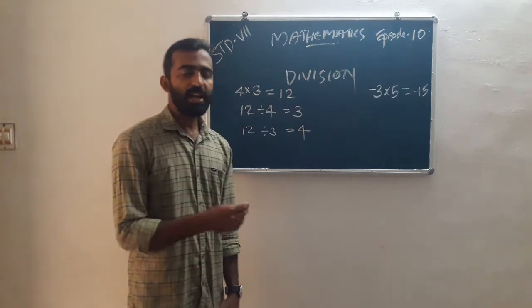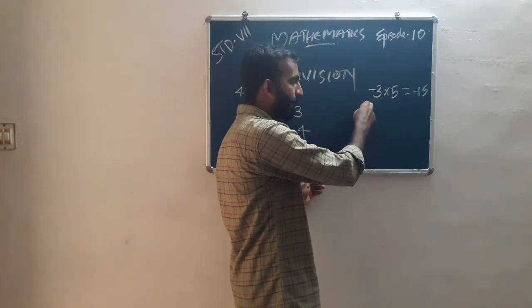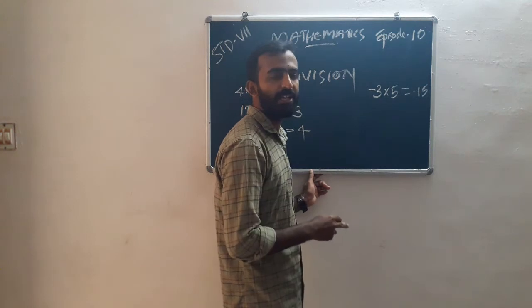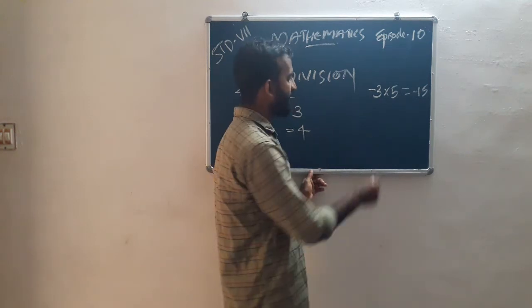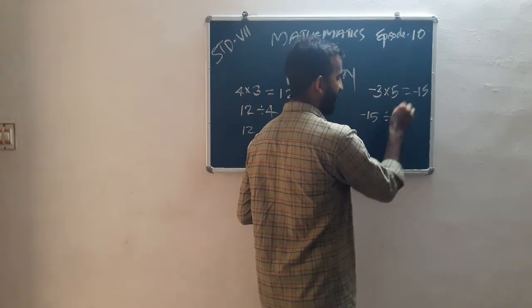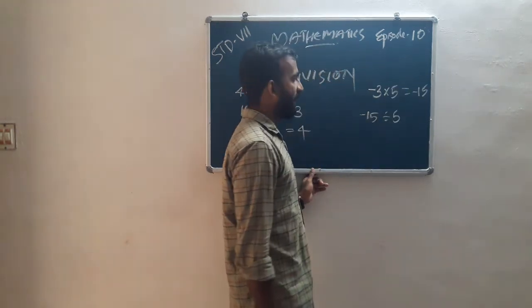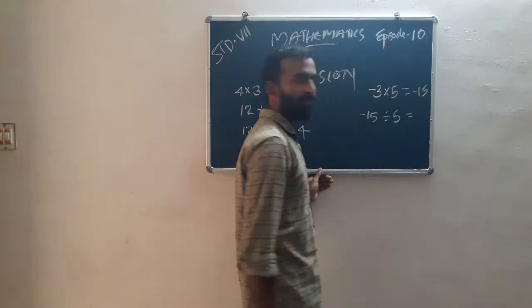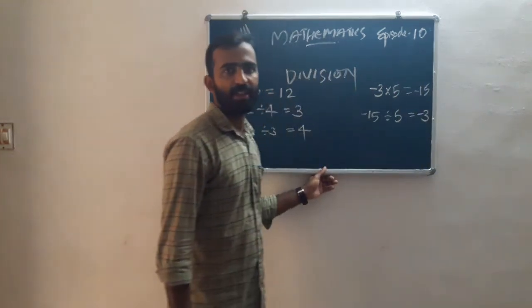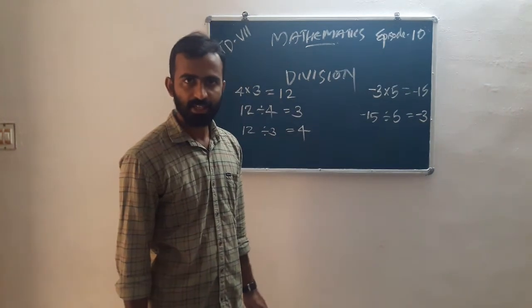Okay. Here we can see negative 3 into 5, we get negative 15. That is negative 15 divided by 5. What do we get? Negative 3.